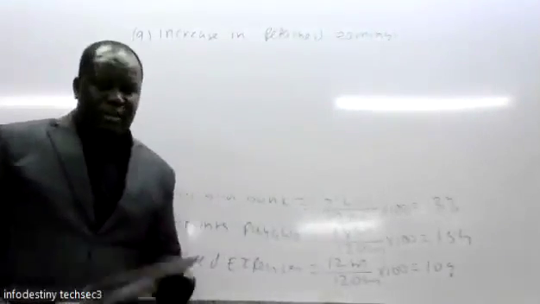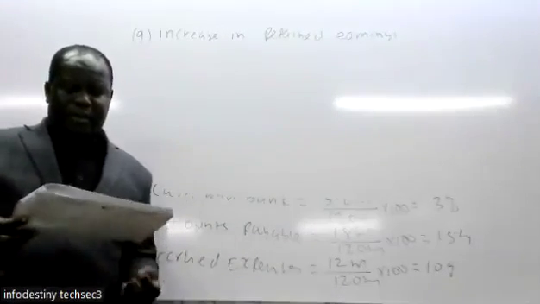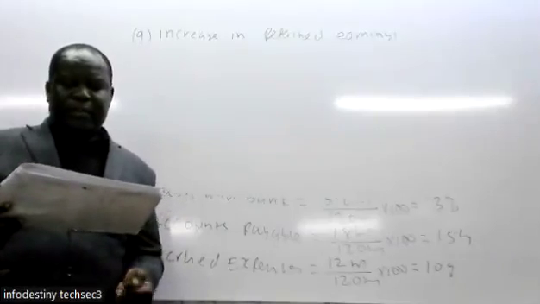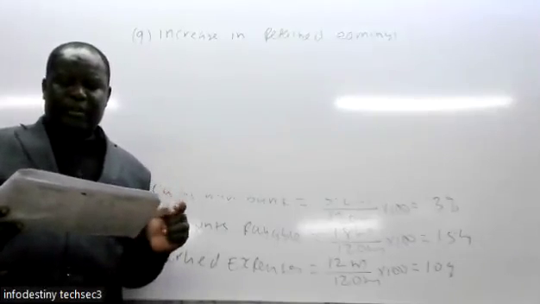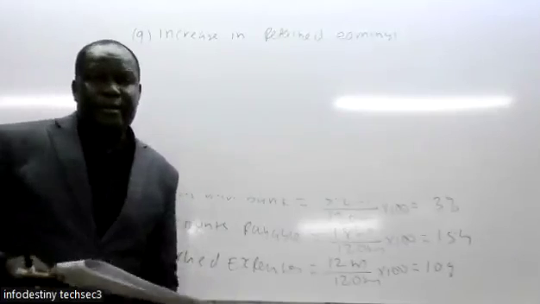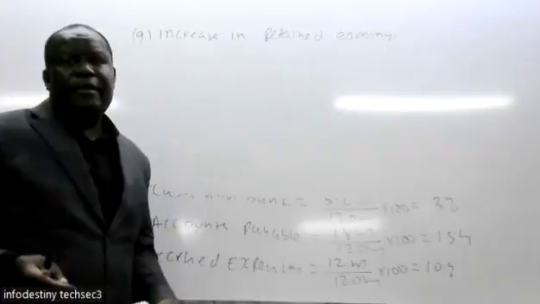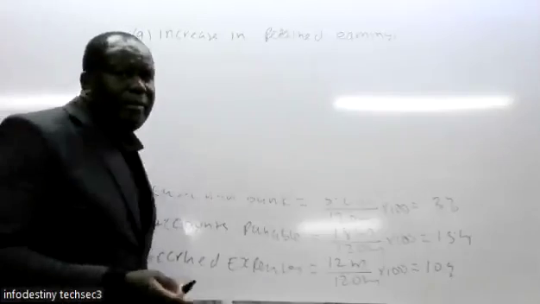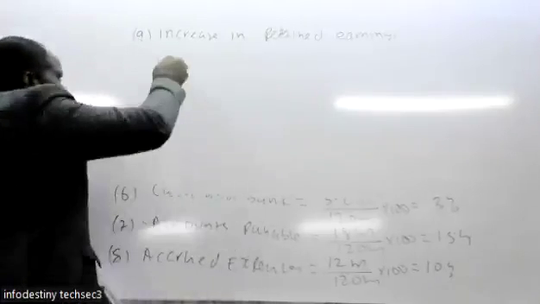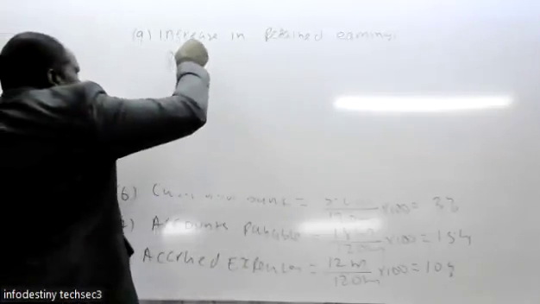So when you want to get the increase in the retained earnings, we start by first of all getting the projected sales. Under the increase in the retained earnings, you start by calculating the projected sales.